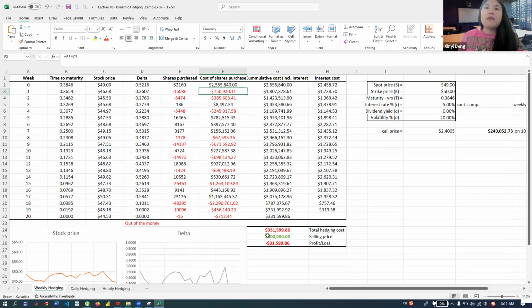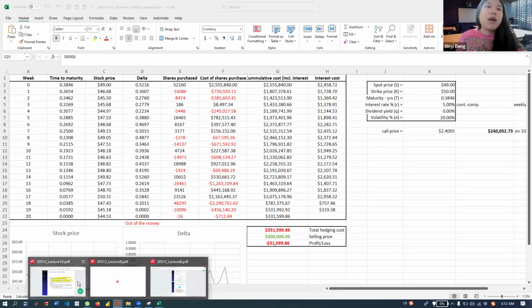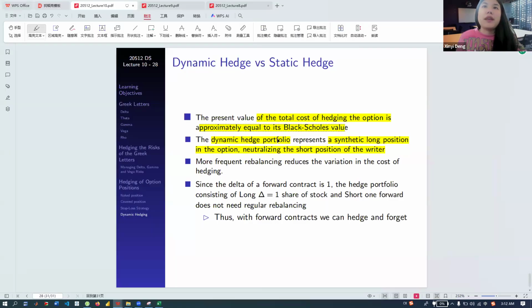But you can see that our total hedging cost, the cumulative cost, is very close to the selling price of our call for each of the simulations. So this Excel is just an illustration of this bullet point here.